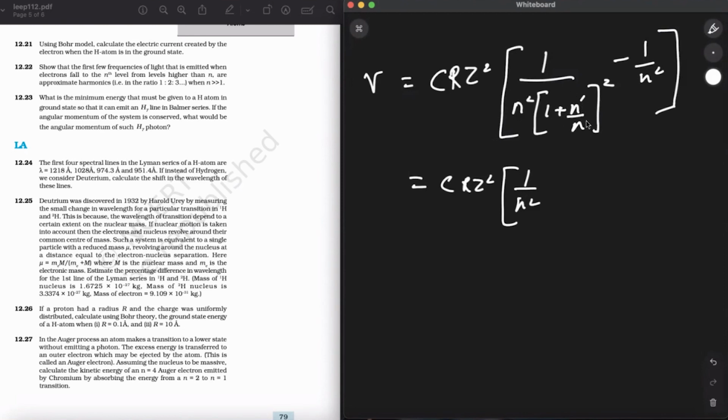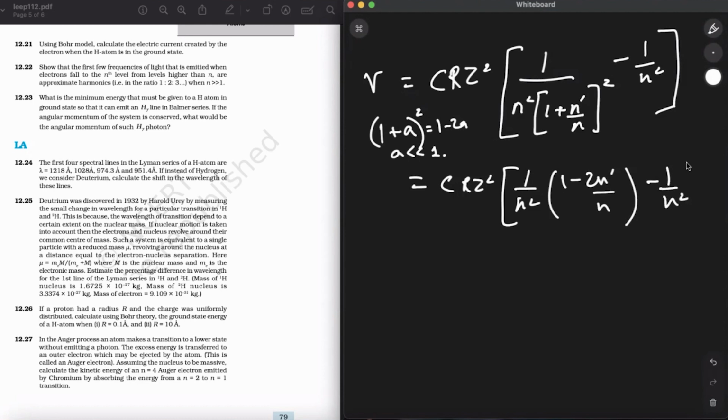So when 1 plus a raised to the power of something like minus 2 can be written as 1 minus 2a when this a is less than 1. Alright, we already know this. So I can write it as 1 minus 2 n dash upon n, and minus 1 upon n square.